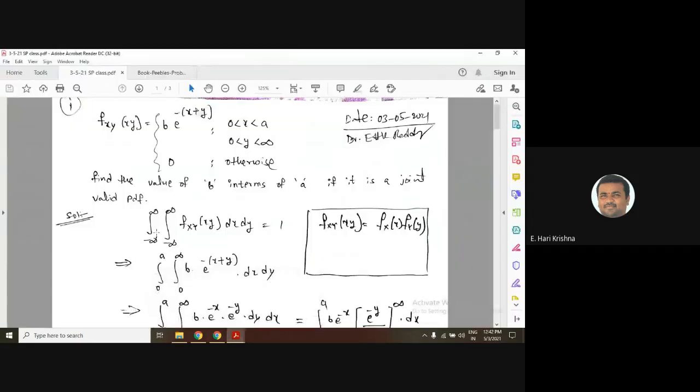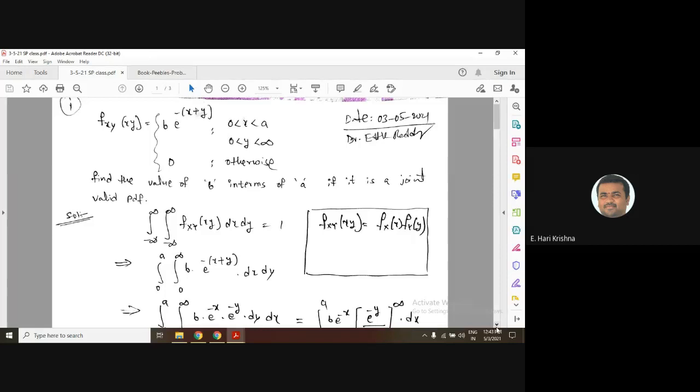So based on that property, we are considering here the integral from minus infinity to plus infinity, minus infinity to plus infinity, of f_XY(x,y) dx dy is equal to unity. So a valid joint PDF means the area under the probability density function is unity.